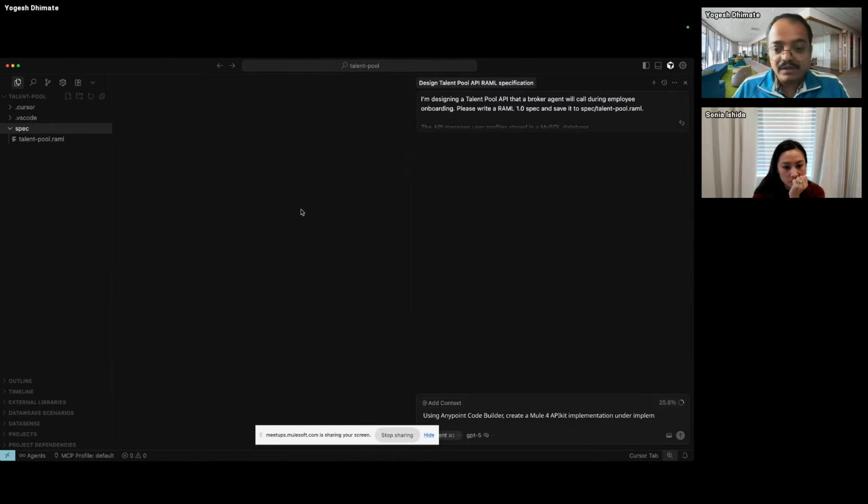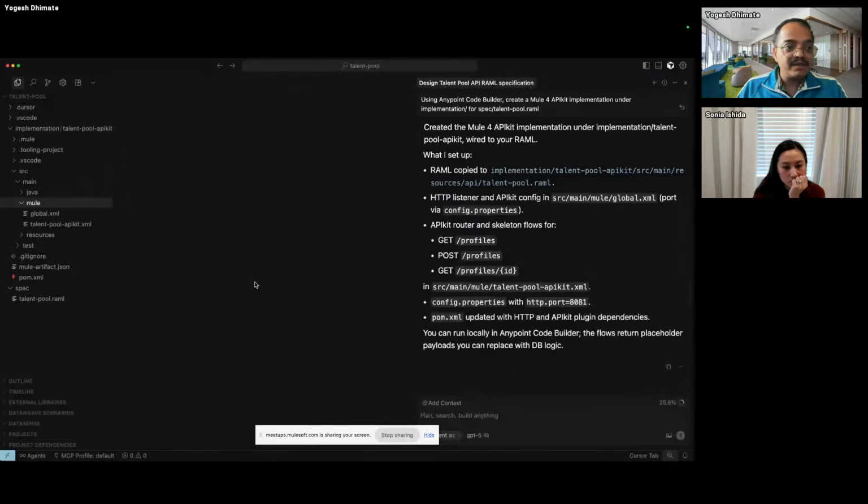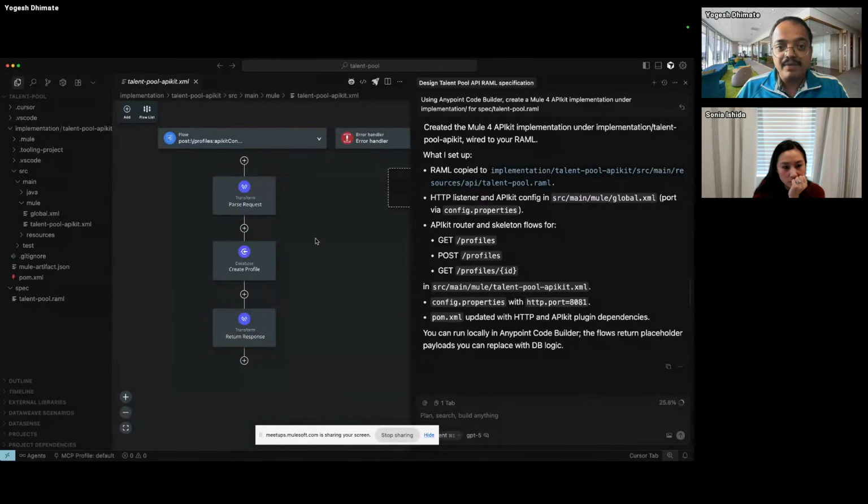Janice goes back to Cursor and asks Anypoint Code Builder to create an implementation using this API specification. Cursor kickstarts the process and implements an API with DataWeave transform steps, create profile, return response, etc. All the steps that are required from an API implementation perspective.